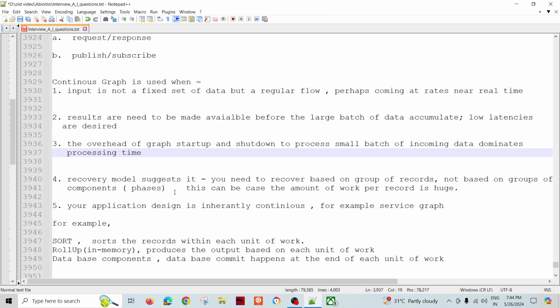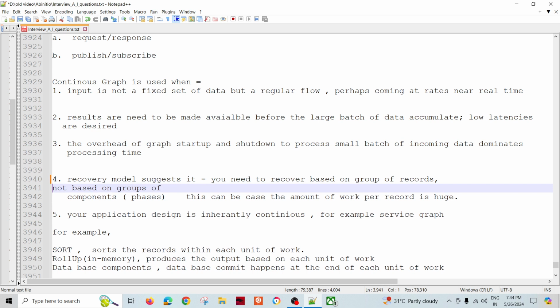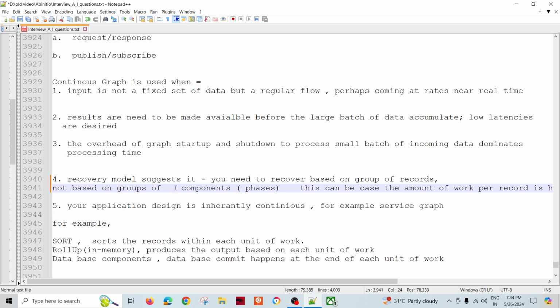The recovery model suggests it, in the sense that you need recovery based on a group of records, not on a group of components. This is another concept. A group of components is called a phase.